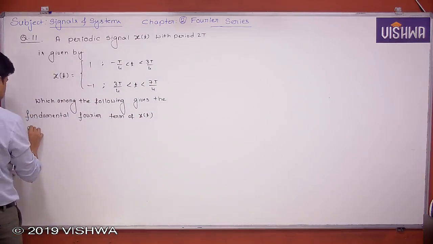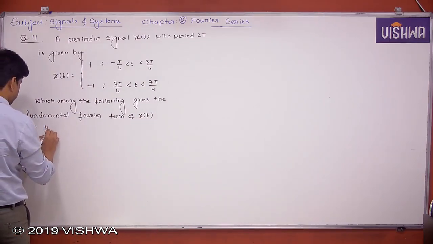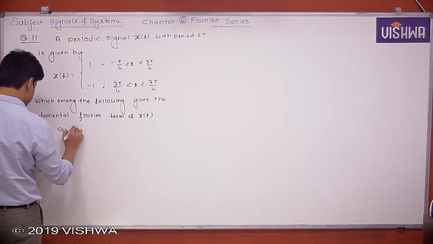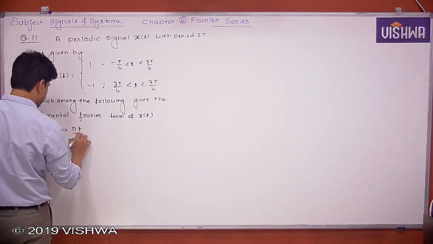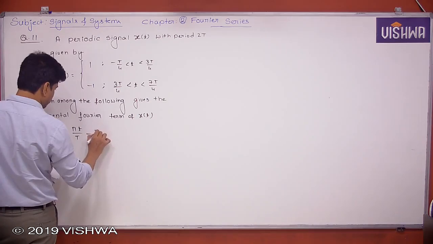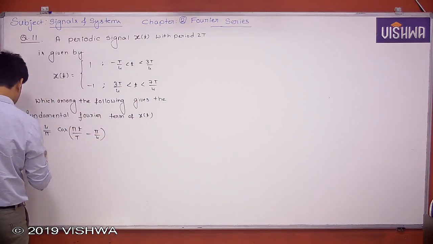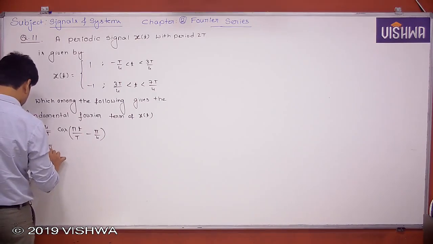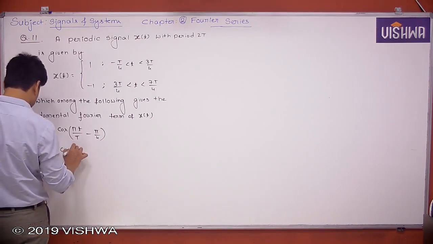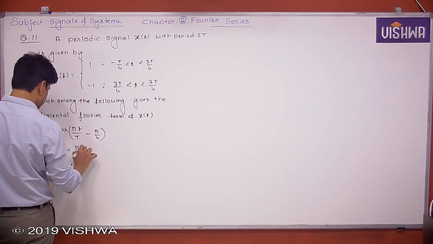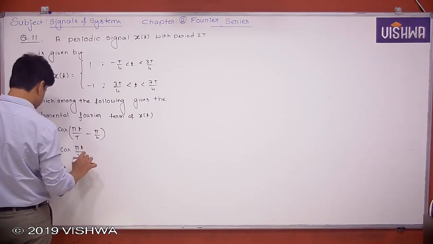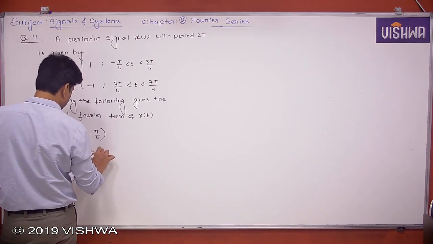Options: A, 4 by pi cos of pi t by capital T minus pi by 4. Option B, pi by 4 cos of pi t by 2T plus pi by 4.